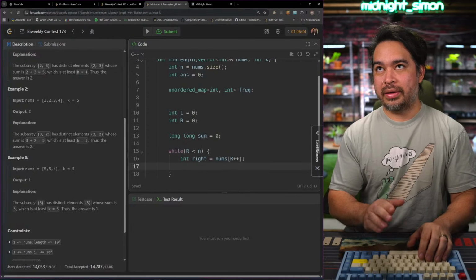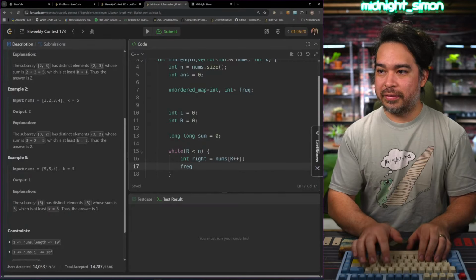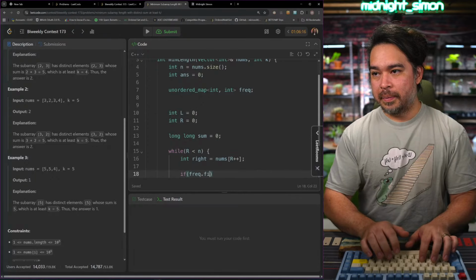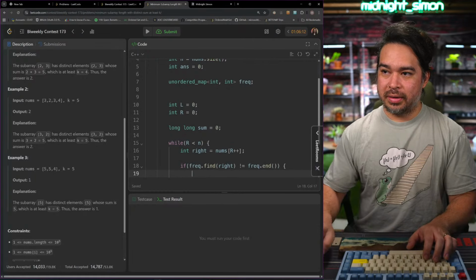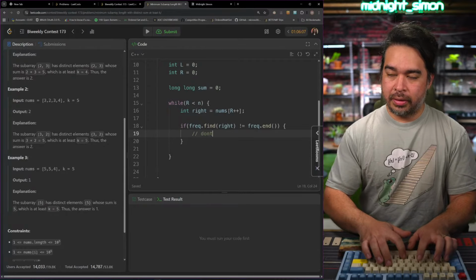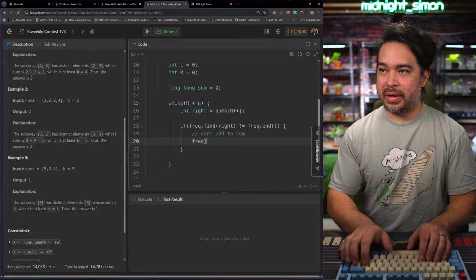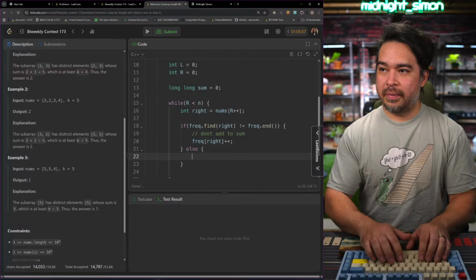So that's my right. And then now I have to process the right thing. So I put that in my frequency map. But first I should check. So this is saying if it's already in there, don't add it to the sum, but we can increment it. But if we don't find it, we add it to the sum.